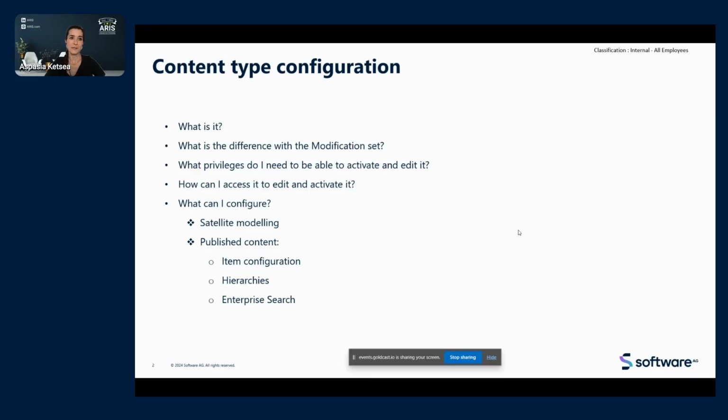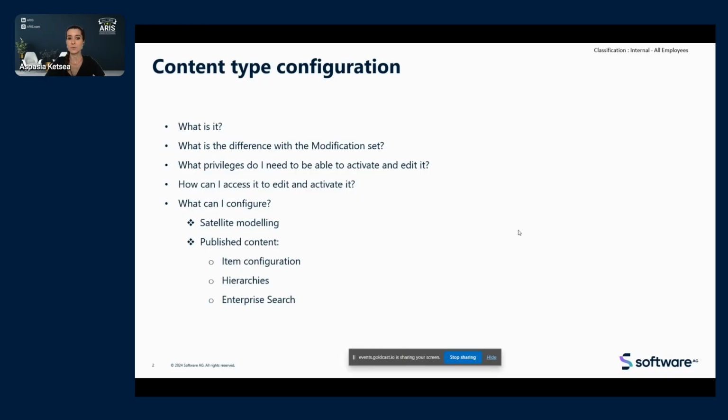When I start doing it in content type configuration and I activate it, obviously, because that's why I would be doing it, then this functionality moves to edit mode on the modification set.